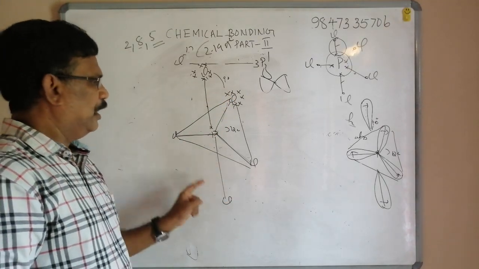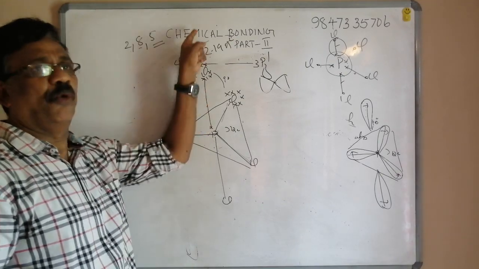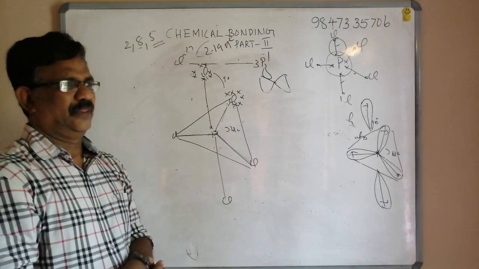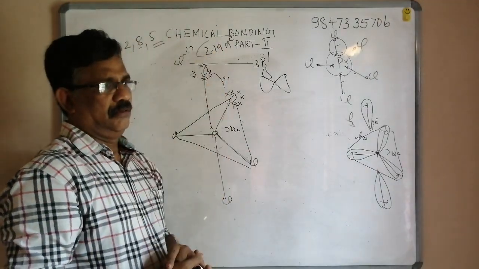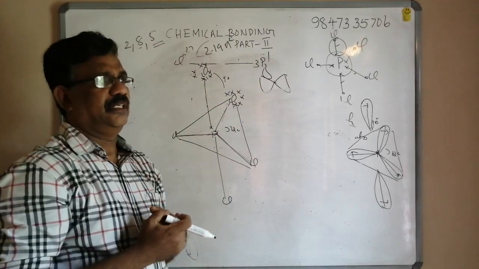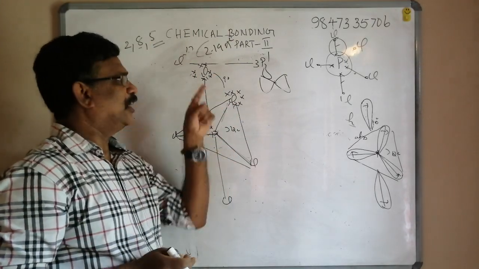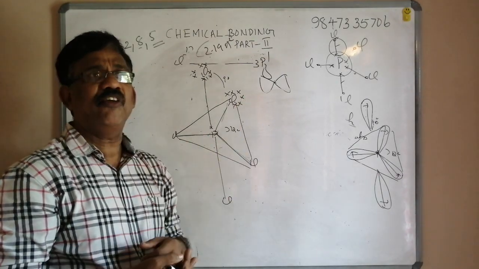This repulsive force leads to the extension of this bond. That is one of the reasons for the elongation of this bond, because the axial chlorine atoms are at an angle of 90 degrees.